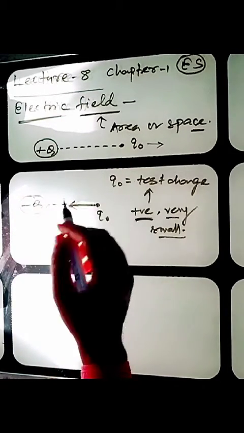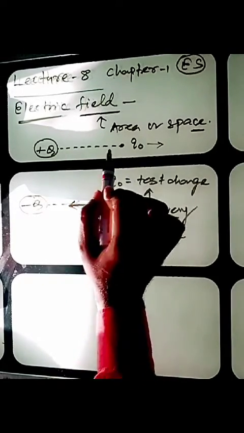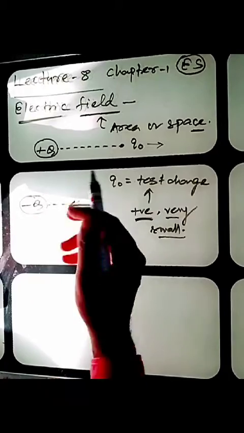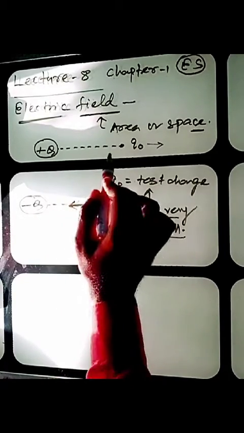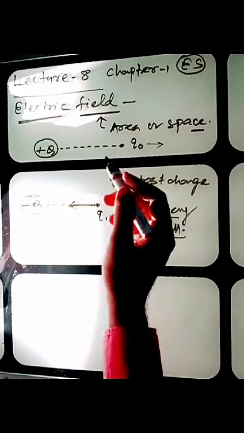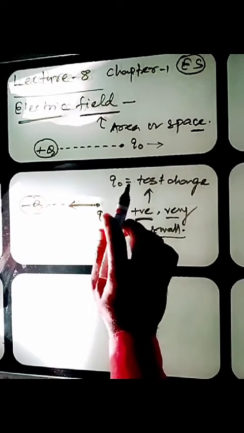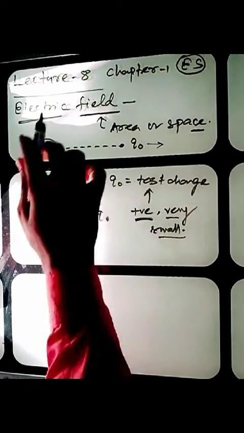These two charges can influence. It means this charge is placed in a field which is imaginary, you cannot see. It is the field, and in the field of this charge Q naught is placed. That's why it experiences some force. So students, in a similar way you can define the electric field.